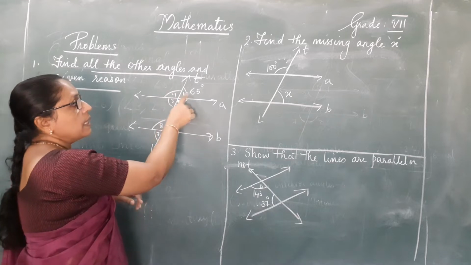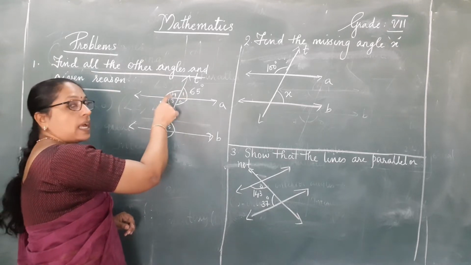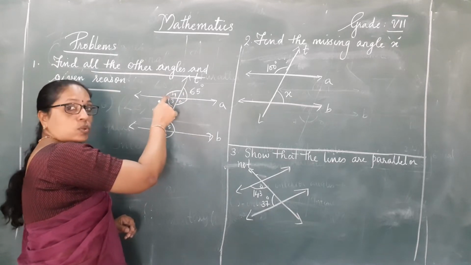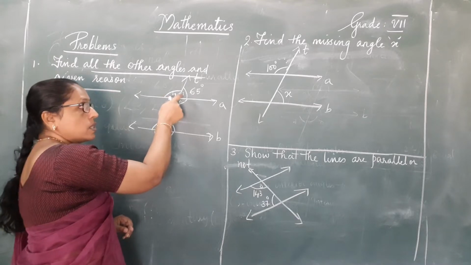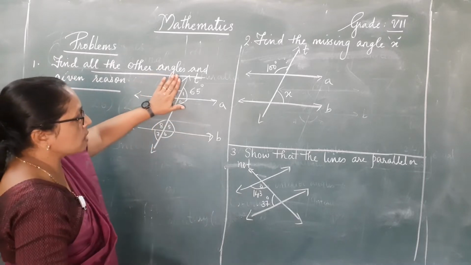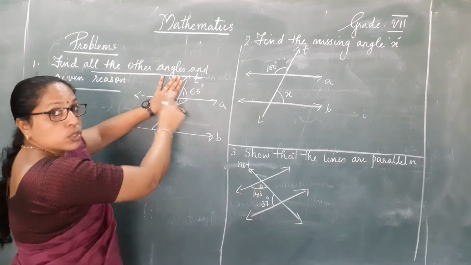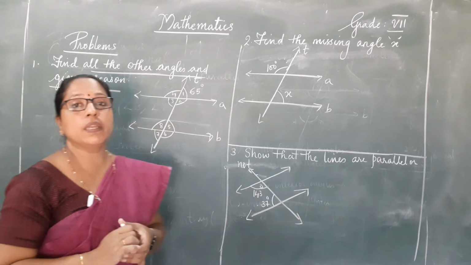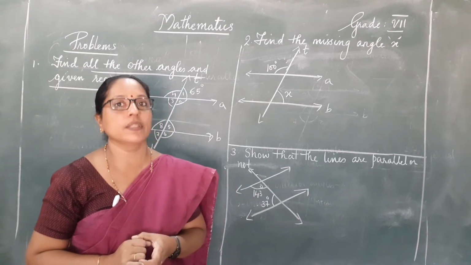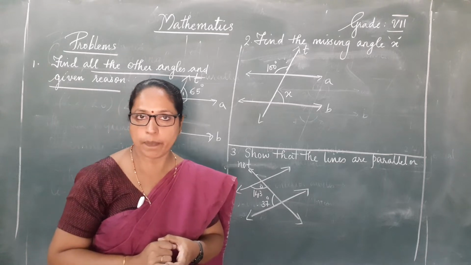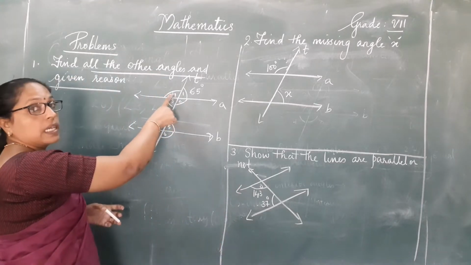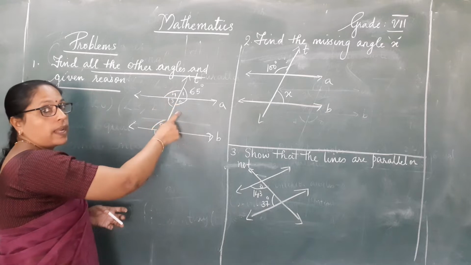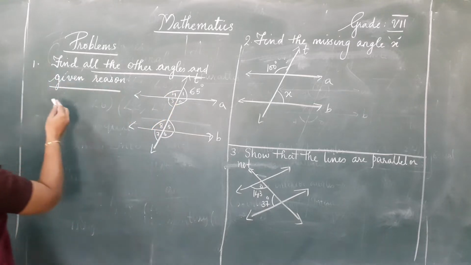So using the linear pair property, find one angle which is close to angle 1. You can use angle 4 or angle 2. What is the property of angles in a linear pair? Their sum is 180. They are supplementary. So we are going to find either angle 4 or angle 2, any one. That is the first step.